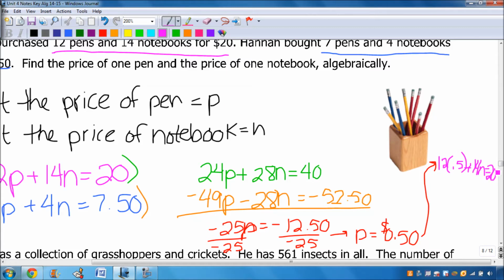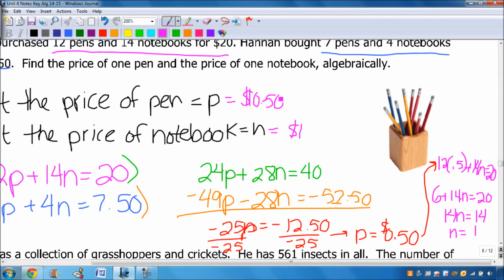So then 12 times 0.5 is 6, so I get 6 plus 14n equals 20. So that means that 14n equals 14, because I can subtract 6 from both sides, which means that n equals 1. So then at the end, once you figure this all out, I can say that n is $1 and that the price of the pen is 50 cents.